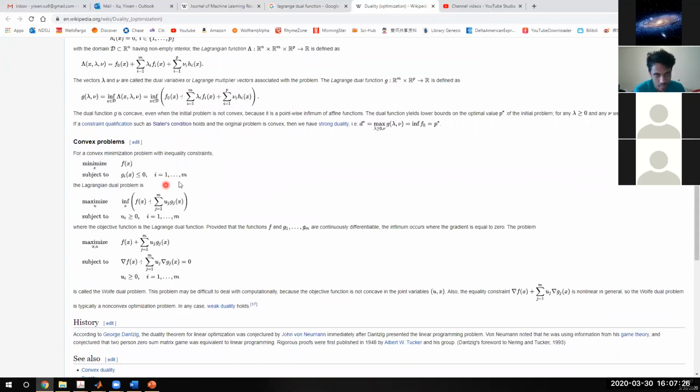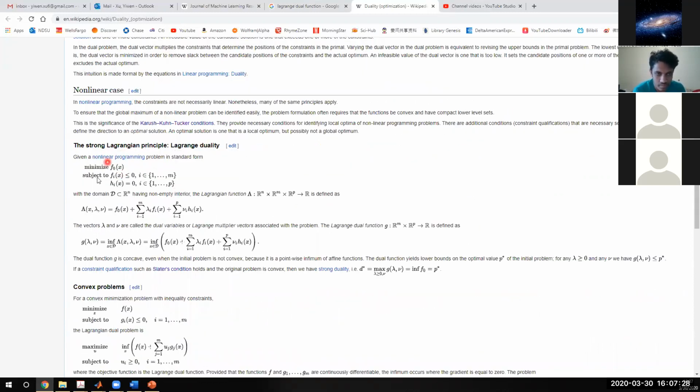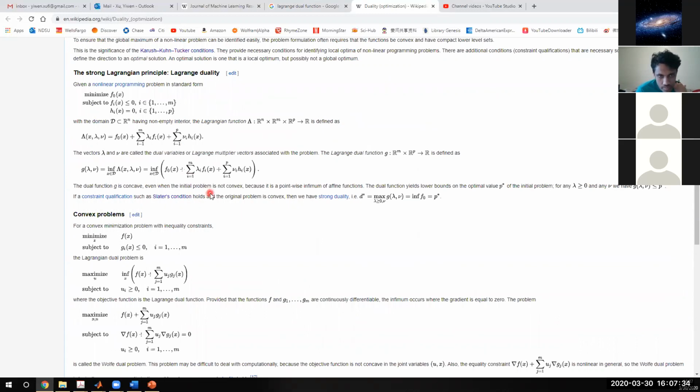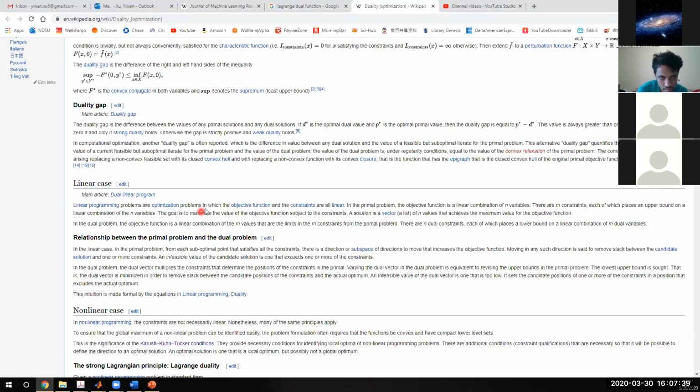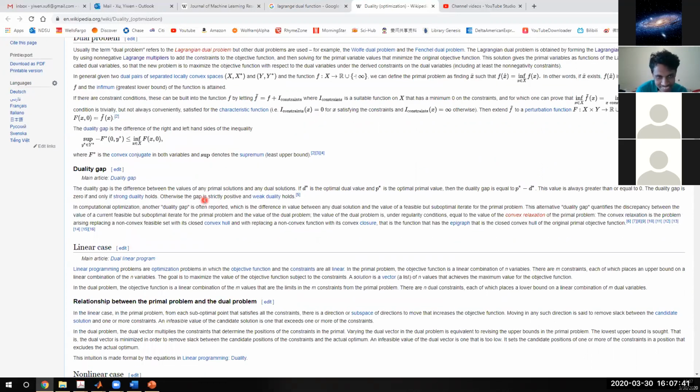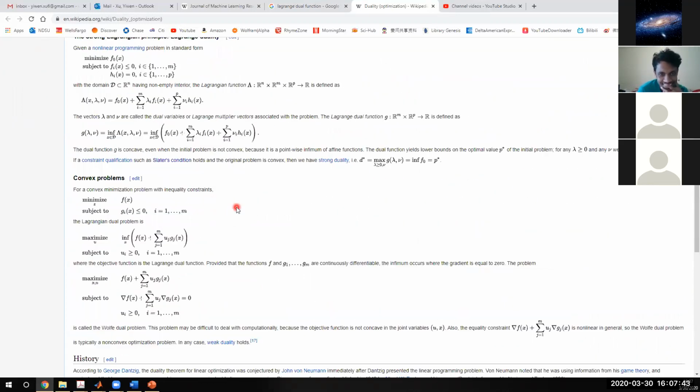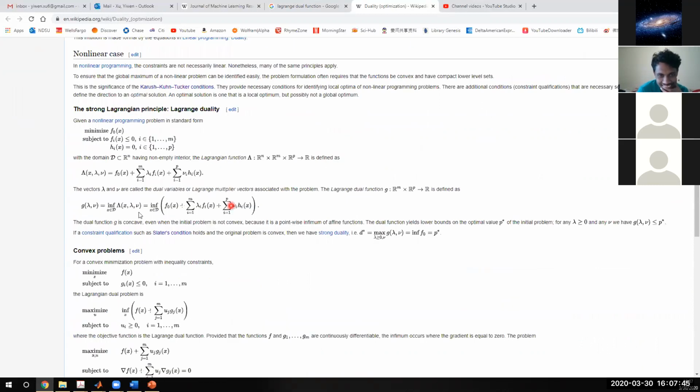Okay, so suppose the problem is minimization of this one. This is the problem. Can you see it? You can see it, right? Then the Lagrange dual function is formulated in this one.